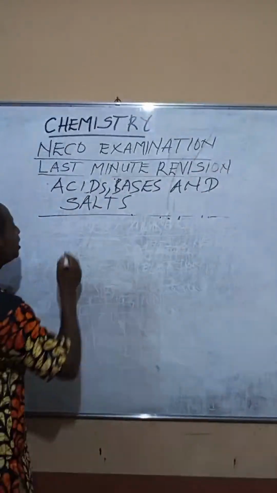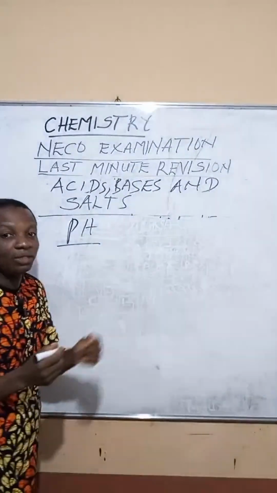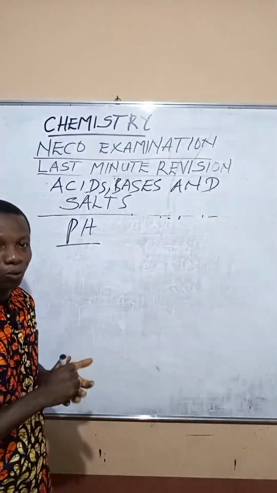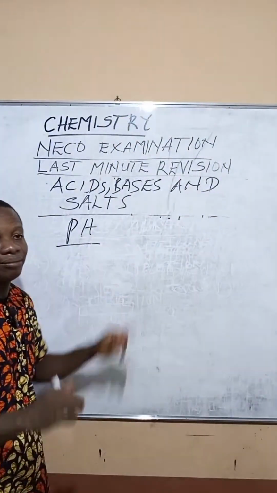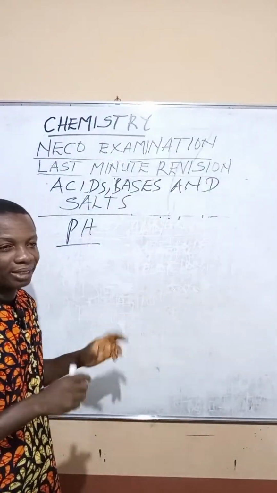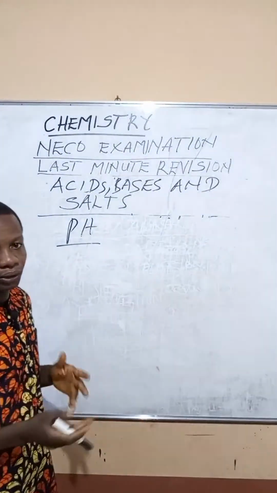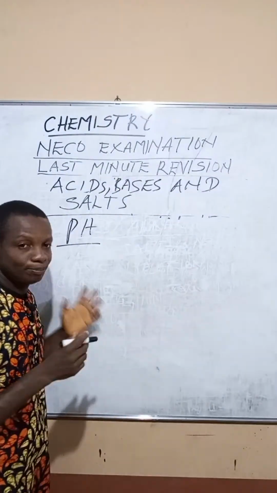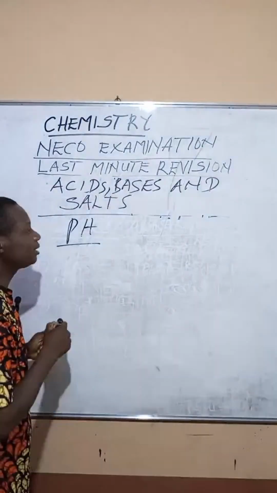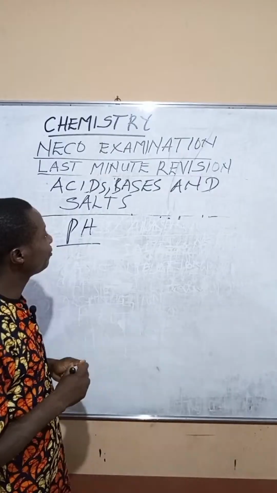Then what is pH? Please, this is very important. Take note of this. It is very popular in NECO questions, always coming out every year. It can come in form of theory or practical, in form of objective or theory. So please do well. What is pH? pH is the degree of acidity of a substance.